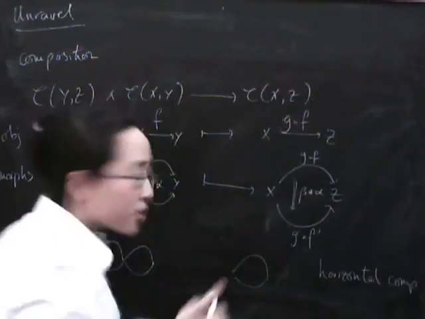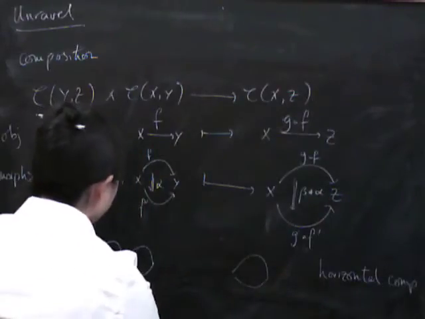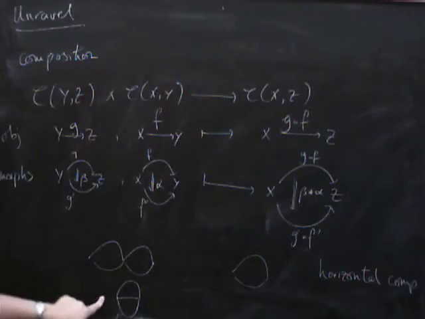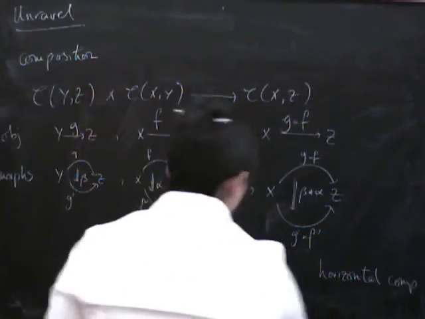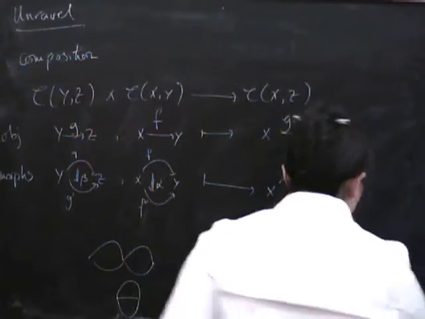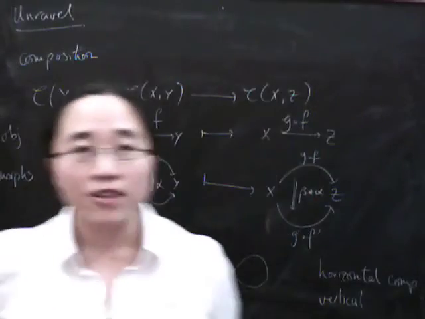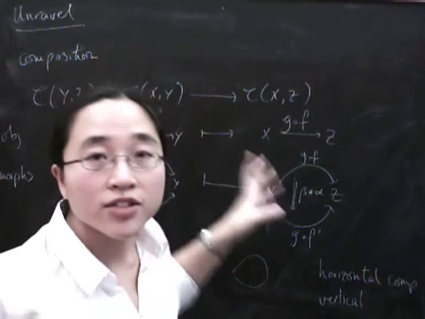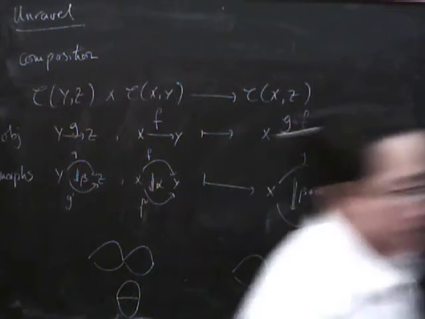Just like horizontal composition of natural transformations. Whereas the other one was where we took two things that we could paste together like that and produce something like this. That was called vertical composition. So what we'll do next time is look at how the functoriality of this functor gives us the interchange law.